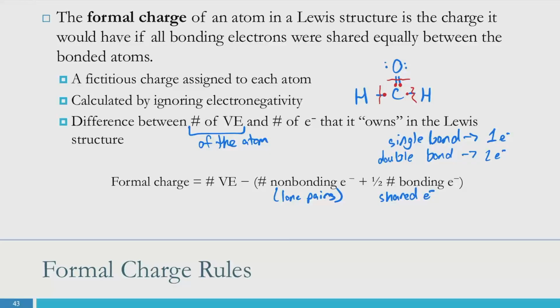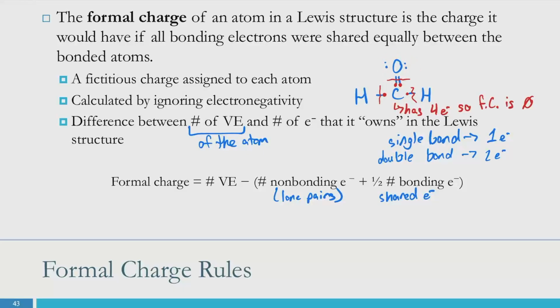In the single bonds, it's got 1 each. So carbon has 4 electrons. It normally has 4 valence electrons. It's the same number that it has. So the formal charge is 0. And that's ideal. We generally want formal charges of 0.